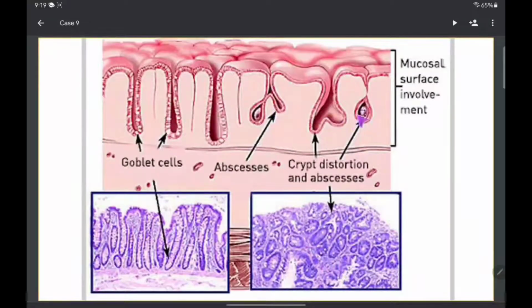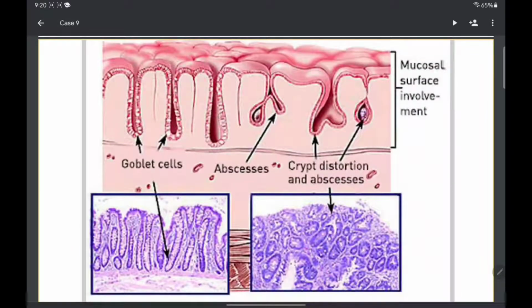Now, these crypt abscesses may form fistulations and pus tracts between these layers, and as a result there will be distortion and abscesses all over the gut wall, leading to distortion of the mucosal architecture, and a haphazard orientation of the crypts. And this is actually seen more commonly when there is repeated destruction and regeneration of the disease, and what I mean by this is for longer periods of time.